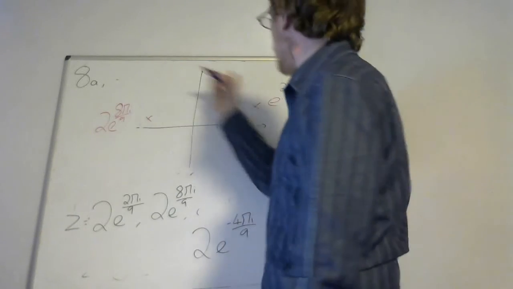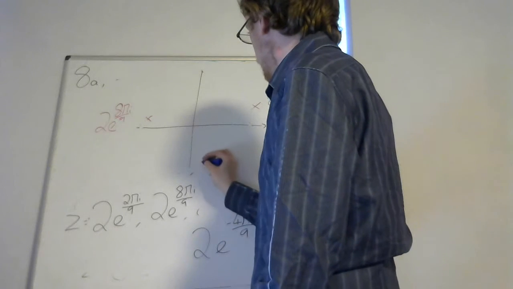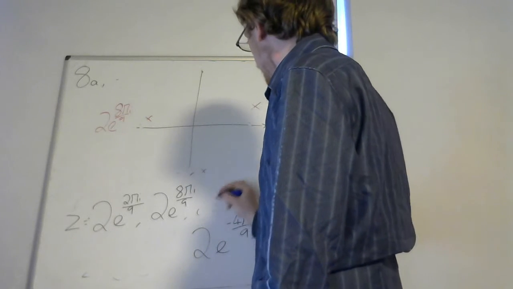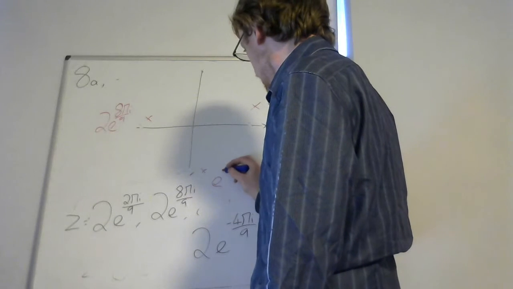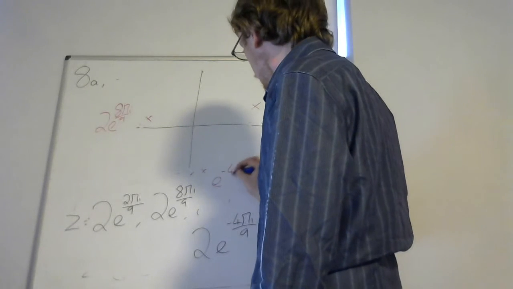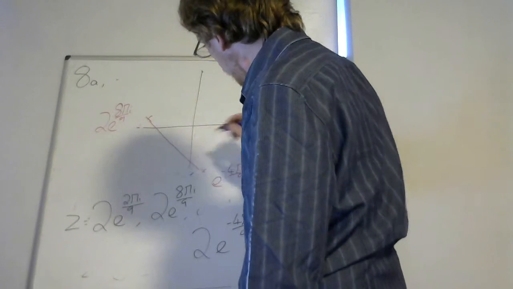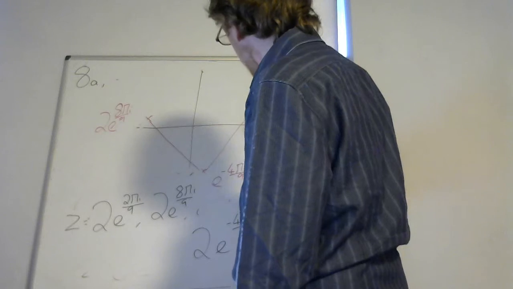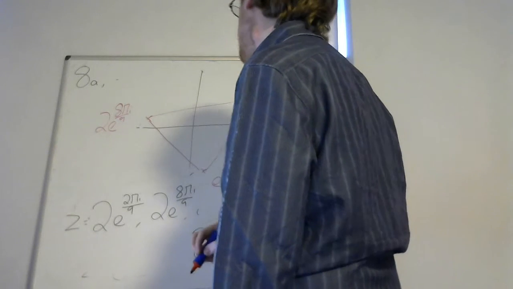And then we add on another 6 pi i on 9 to get us around to 2e to the minus 4 pi i on 9. And we want the area of that triangle there.